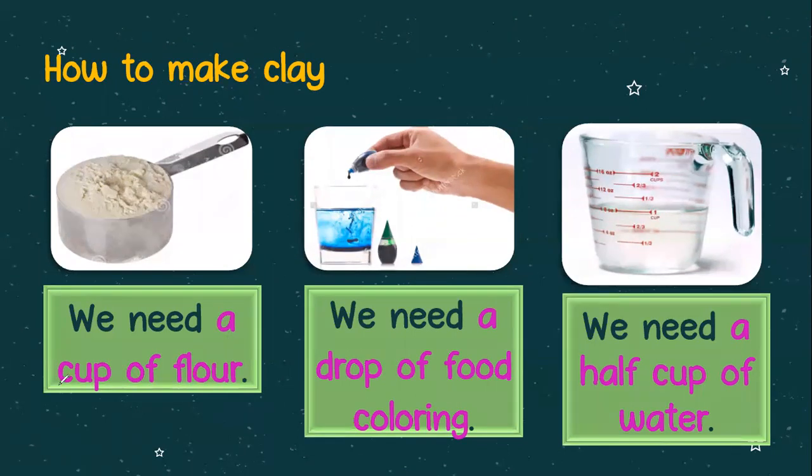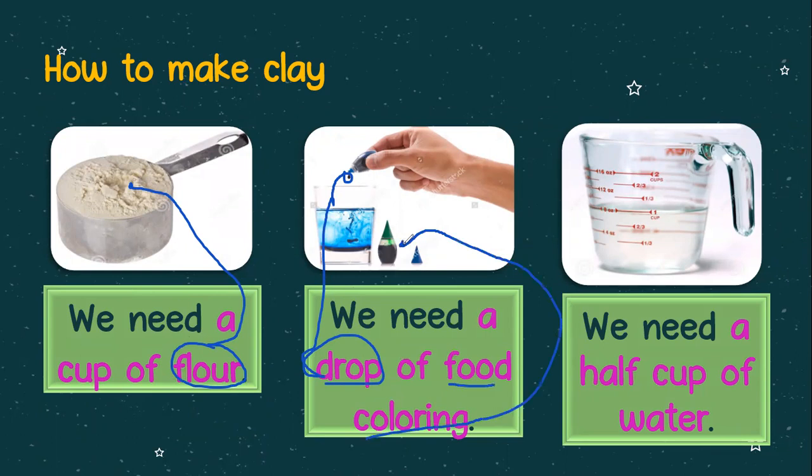A cup of flour. So this is flour. Look here, this is flour. Now, a drop. Remember, the word drop is this drop of food coloring. Food coloring is this.